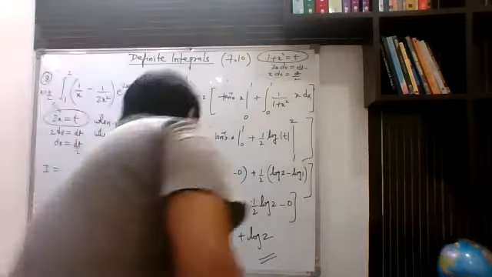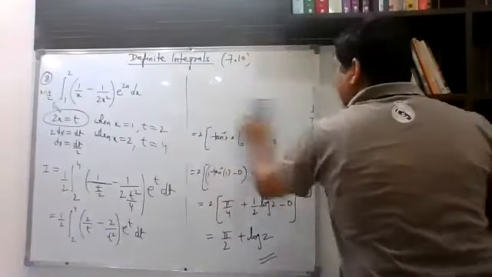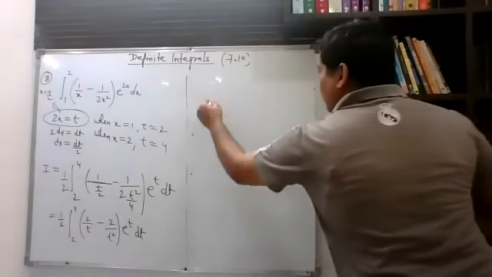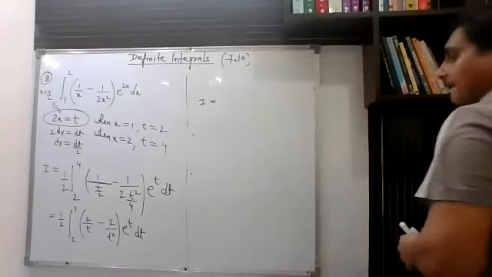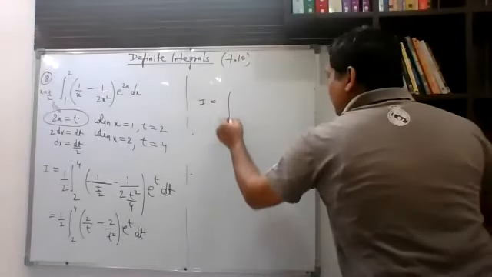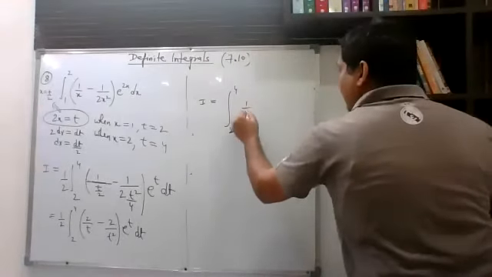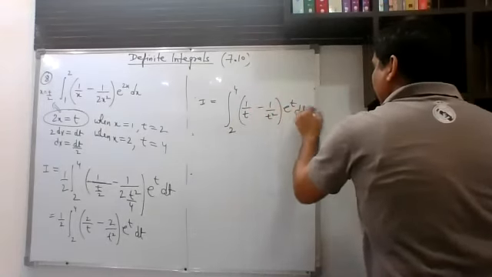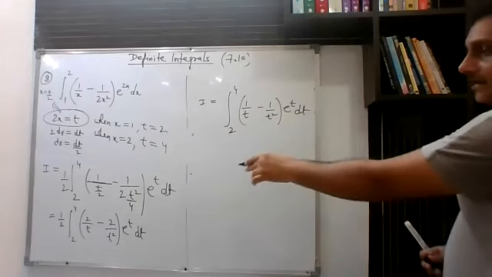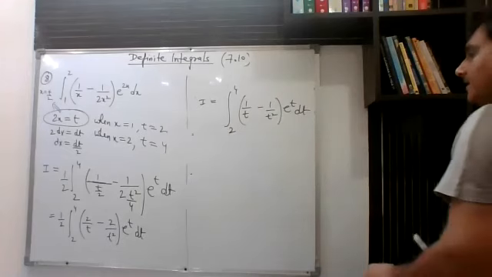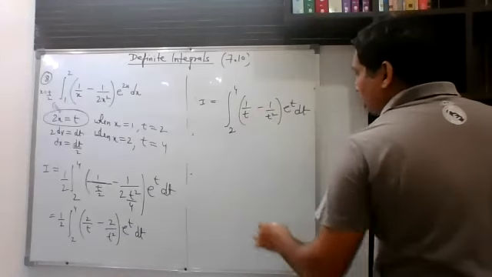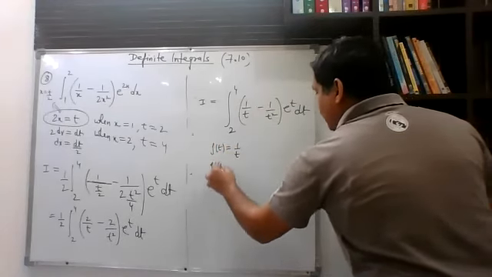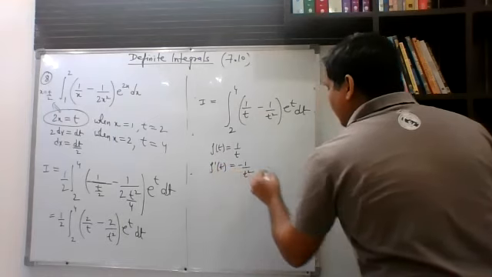So this will be equal to the integral from 2 to 4 of (1/t - 1/t²) e^t dt. What I had done, I had taken that 2 outside and cancelled it. Now you can compare it with that form. Here your f(t) will be 1 by t and your f'(t) will be minus 1 upon t².